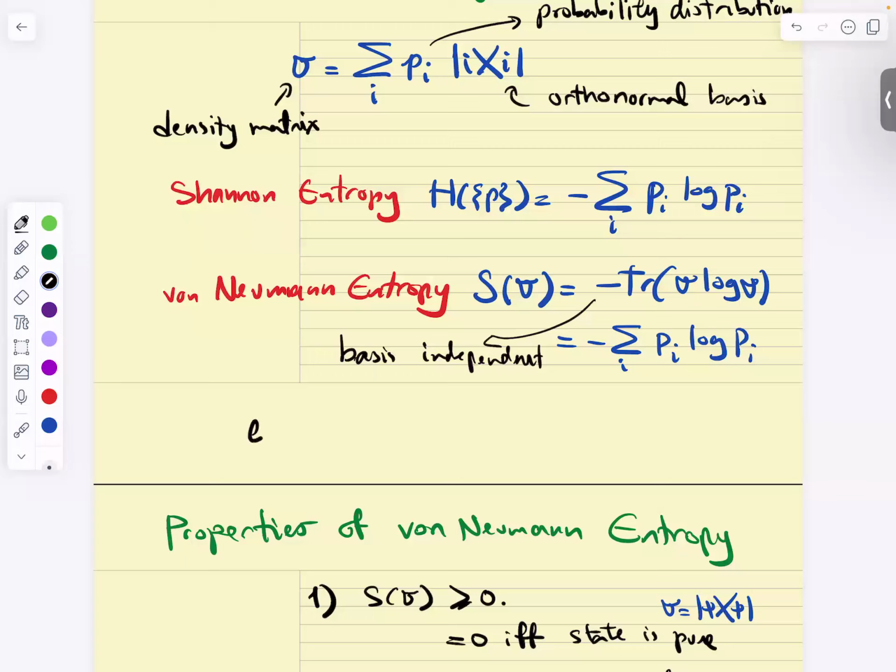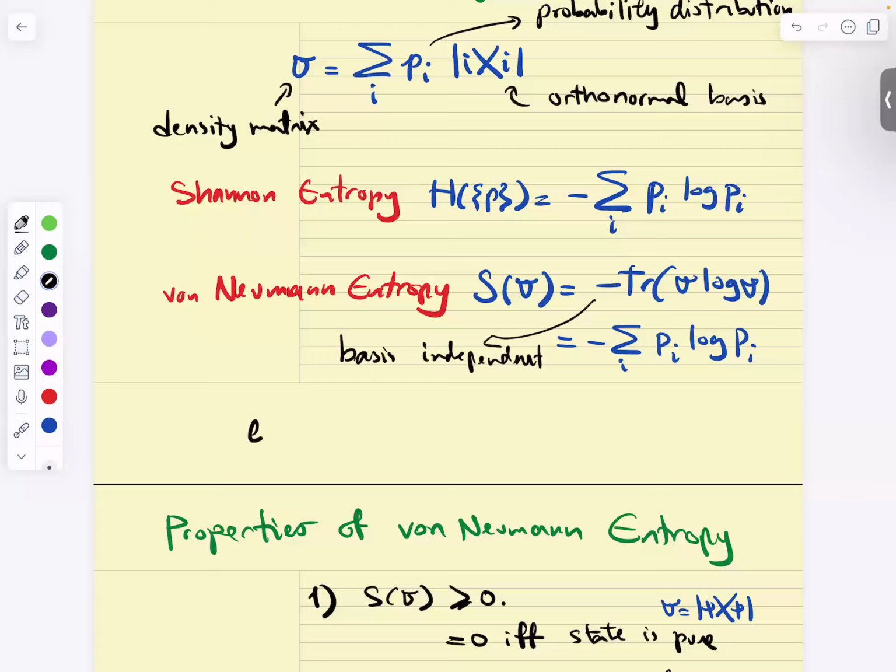So now, remember the EPR pair I was talking about, that I said Alice and Bob share. Together they had a pure state. So when I said together they know everything, that was a rigorous statement. And when I said individually they know nothing, it's because the reduced density matrix of each of them is proportional to identity. Just also a rigorous statement.